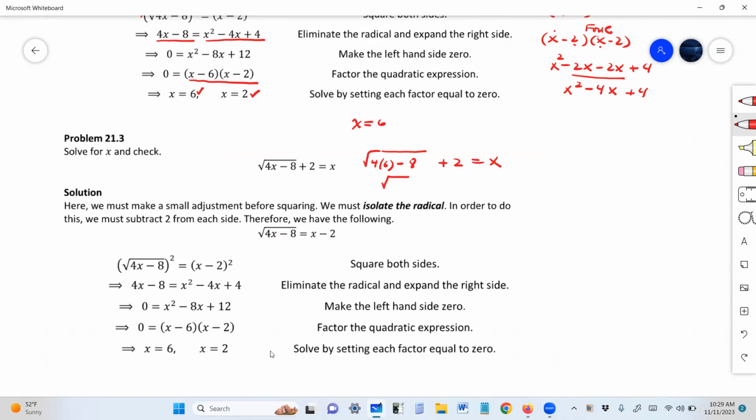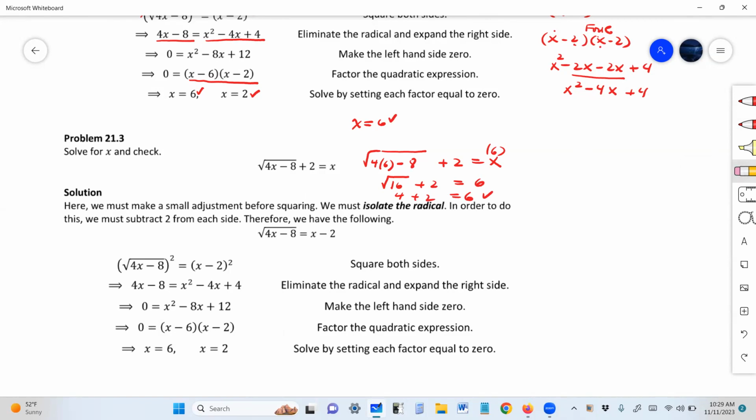All right, so 24 minus 8, 16, plus 2 equals 6. So this is supposed to be 6. Well, radical 16 is 4 plus 2 is 6, so that checks. So we're okay with the 6.